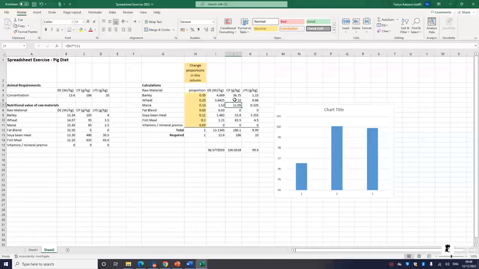Okay, if we have this kind of diet, it's still even mild. What do you think will happen? What will be the implication of this type of diet?